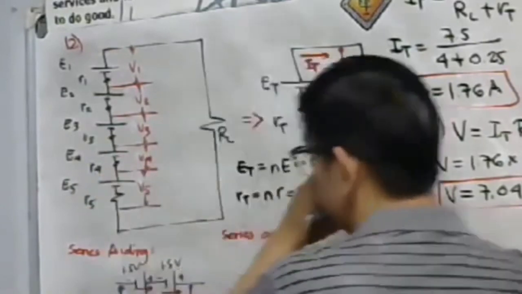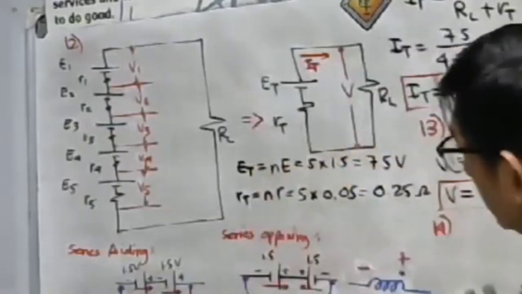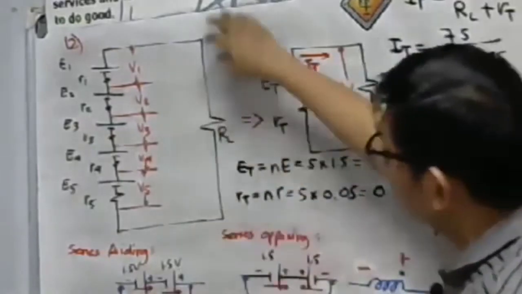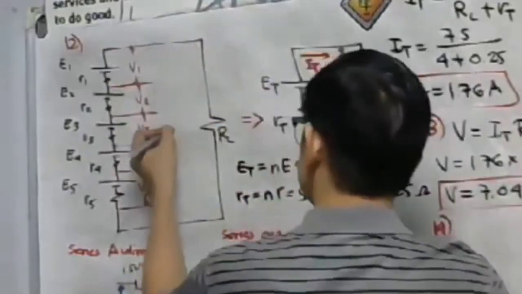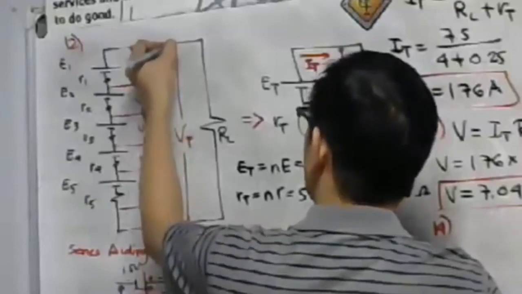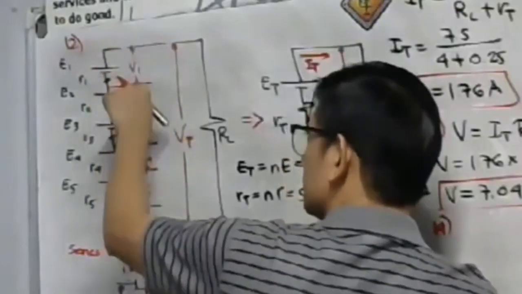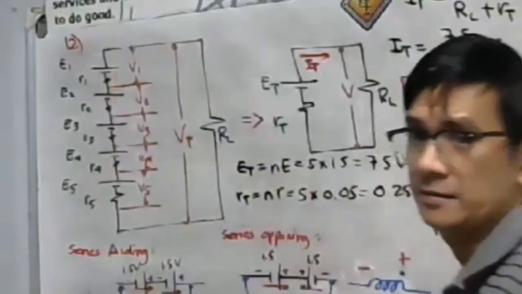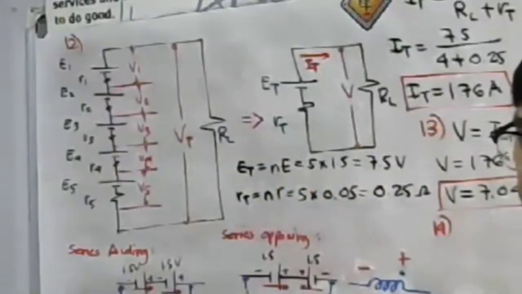So please take a look. Simply, if they are all equal, what can you say? If this is our total load voltage, total voltage V, how can you solve the individual load voltage per cell? That is the load voltage per cell.